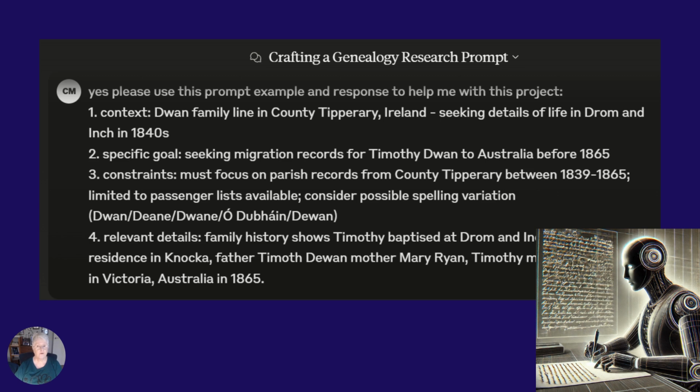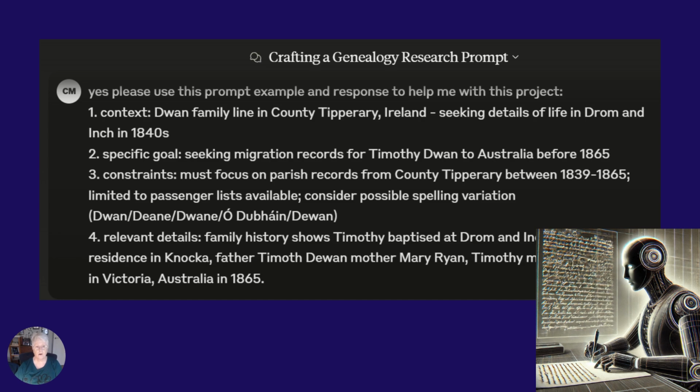So working from Claude's response for the generic prompt, I used this as an example for a specific prompt where I want to, in the context area, look at the family line in County Tipperary and seeking details of life in Drom and Inch in the 1840s.